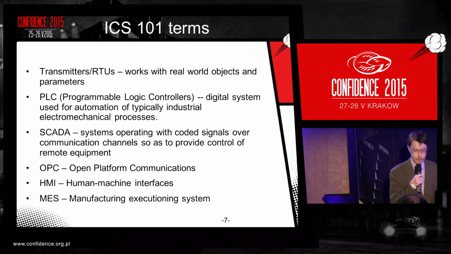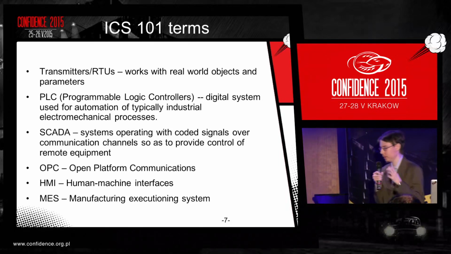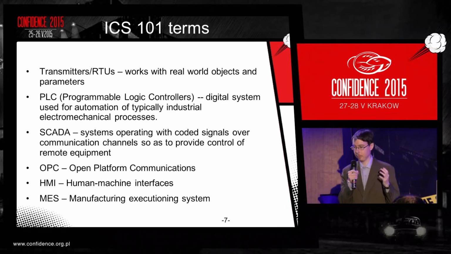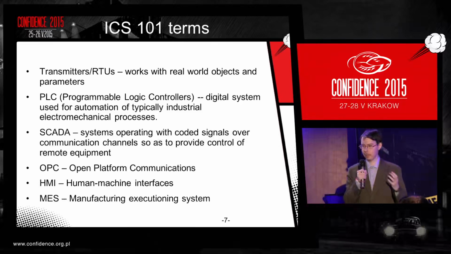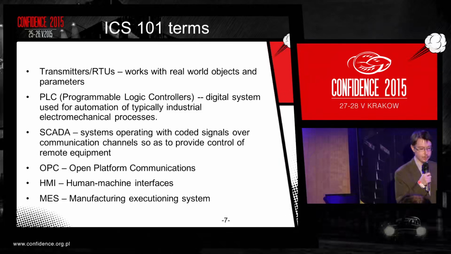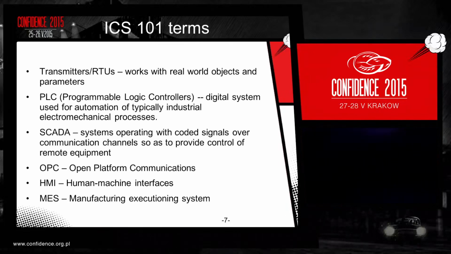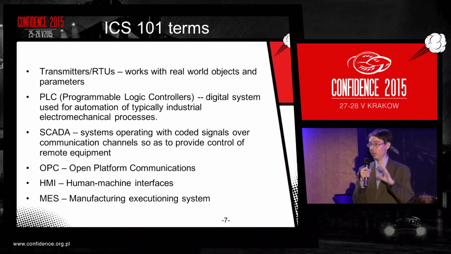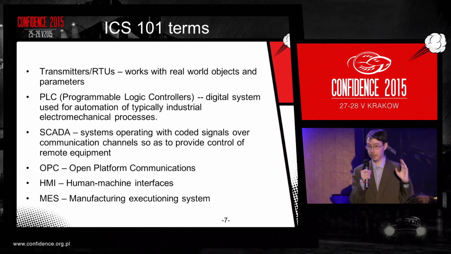In fact, PLCs are special devices with an embedded computer inside. They are programmed in special languages that are different from C++ or Java or C or assembler. And PLCs do all automated things in SCADA and in ICS. So in fact, in real ICS infrastructure, all automated things are done by PLCs.